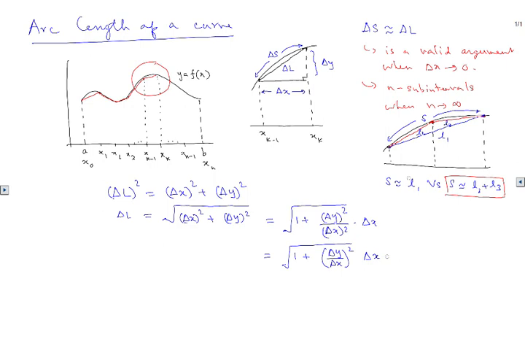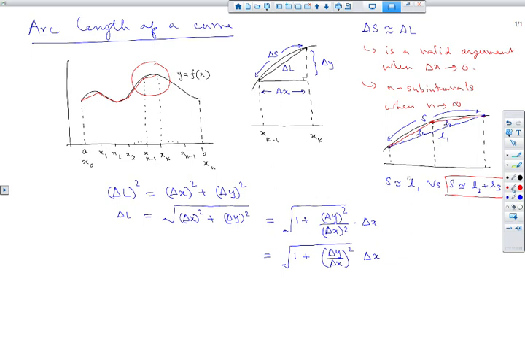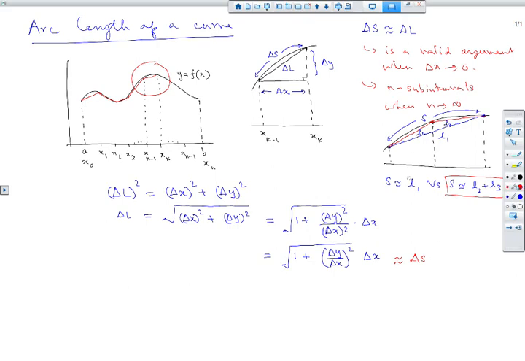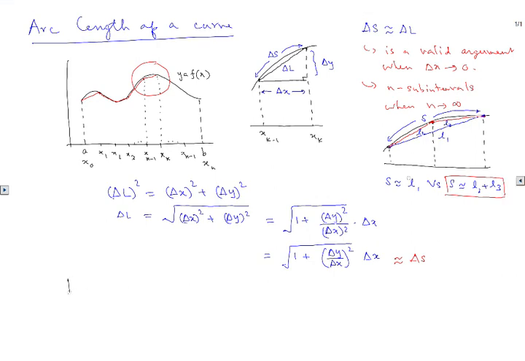So this is an approximate value, approximately equal to delta S. What are we going to do now? We're going to add all of them, because each is a small length. Your total length L is the sum over, say there are n parts, up to the nth part.